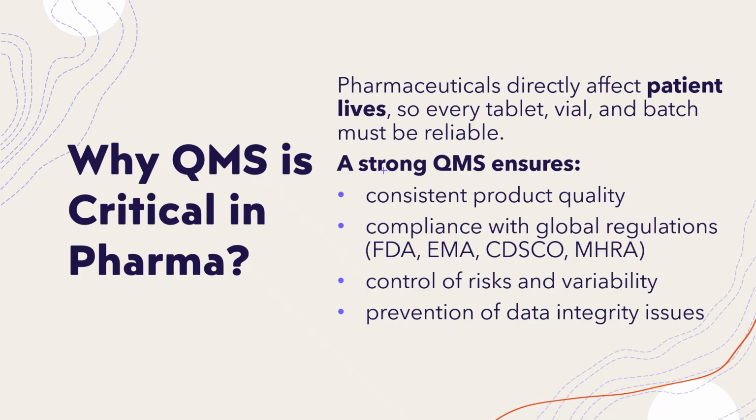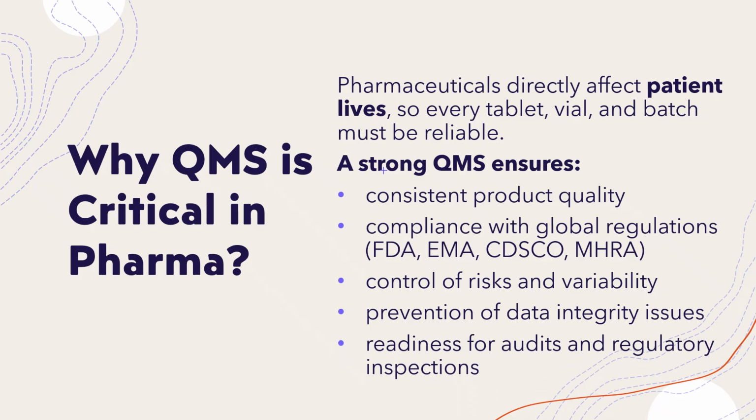Generally we follow the ALCOA++ principles, validated systems and audit trails to ensure the data remains accurate, complete and secure, right? This is also very important, because when auditors visit your site, they can verify that you are following the data integrity policy, right?